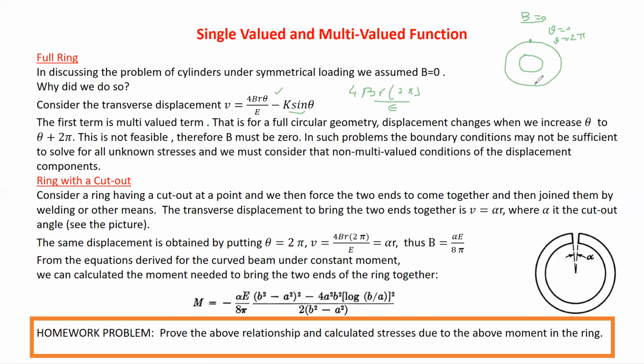Of course, if we are dealing with a segment of that cylindrical pressure vessel, which would be the case of a curved beam, such as this one, then I don't have that problem because my theta is only changing from theta 1 to theta 2.